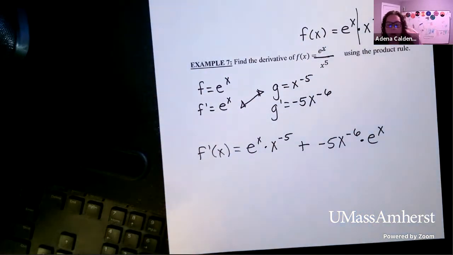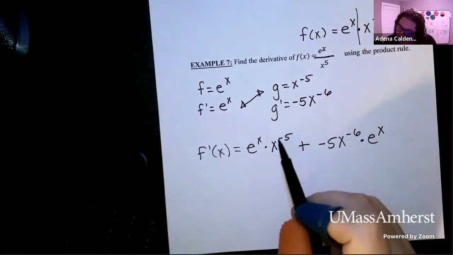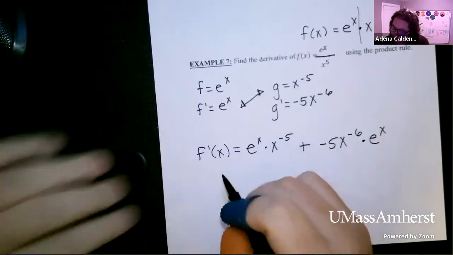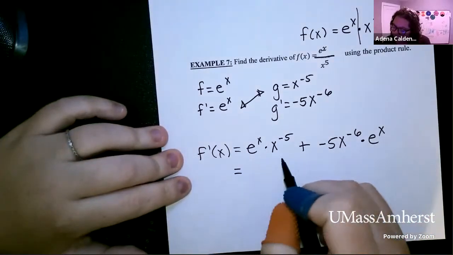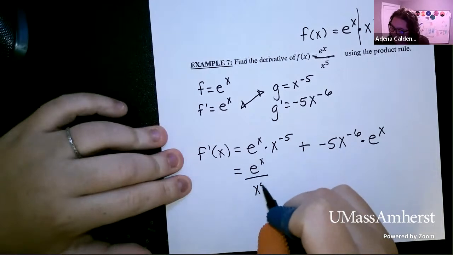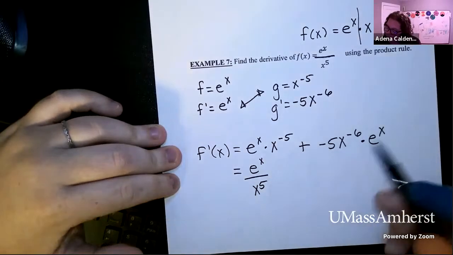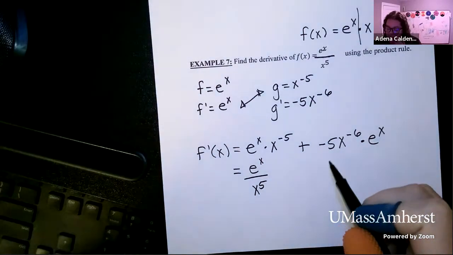Okay. So how might we rewrite this? So typically we're going to change any negative powers back to being positive. So we might rewrite this first term as e to the x over x to the fifth. That's another way you might see this term. And then here we had plus a negative.